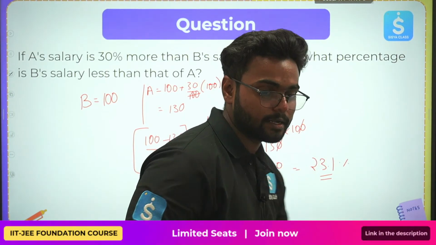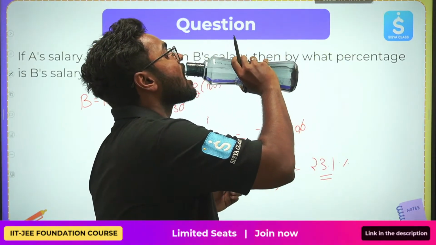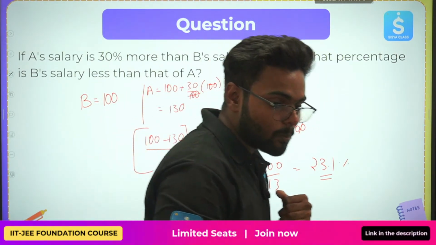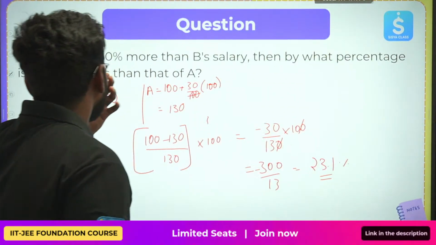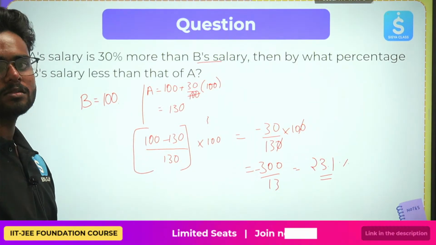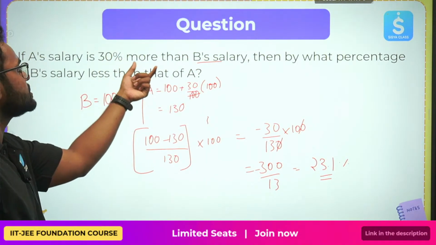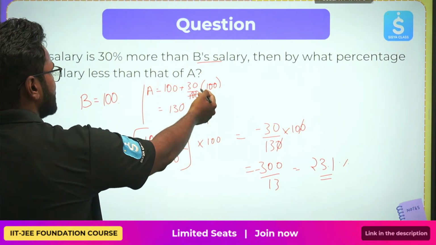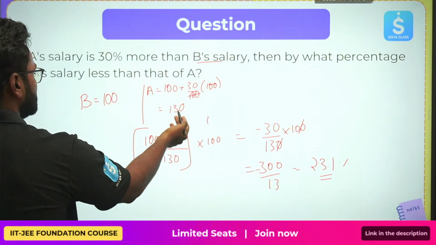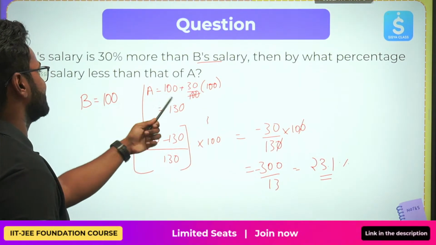Right? If you understood this, we have assumed B's salary as 100 rupees because there is no mention of B's salary, and A's salary is nothing but 30% more than B's, which is 100 plus 30% of B, that is 130 rupees. Then by what percentage is B's salary less than that of A's?